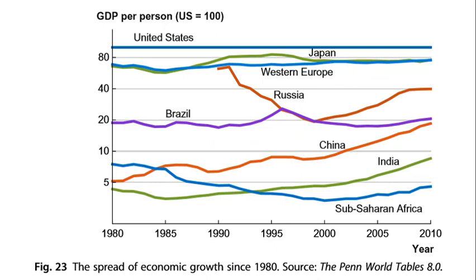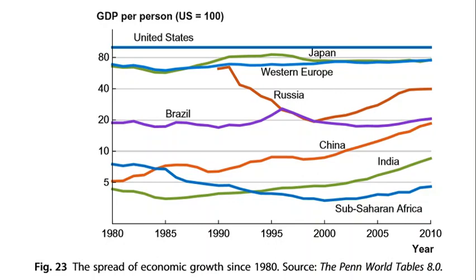So this is now the same chart zoomed in only on the post-1980 era, so this is much more recent. We see Japan. You can see the lost decade, they say, of Japan, right? By the mid-90s, Japan had almost caught up with the United States and then has declined relative to the United States since then. Western Europe has been staying in its exact same place.